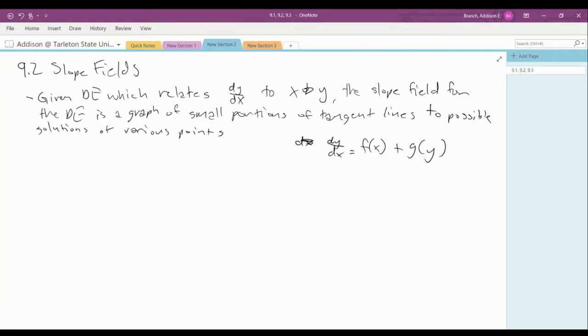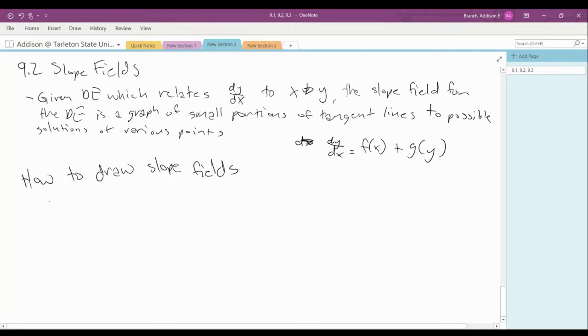So, for example, just to do a quick one about how to draw slope fields. And also slope fields can be called directional fields, just as a little note.